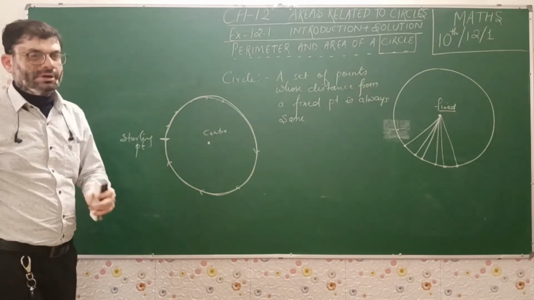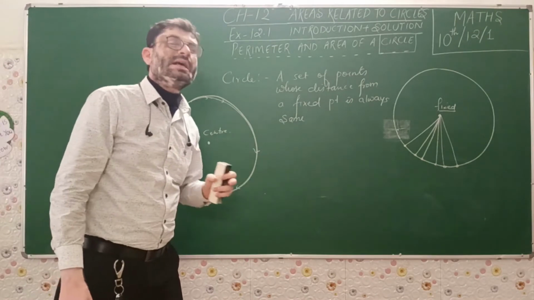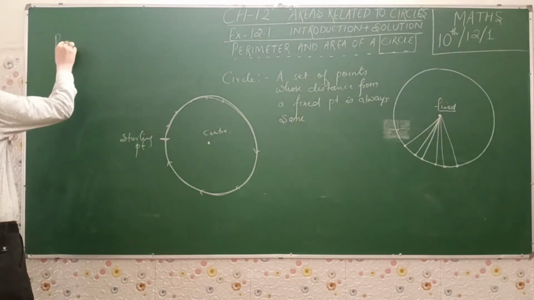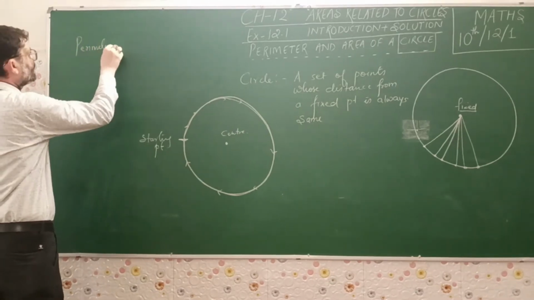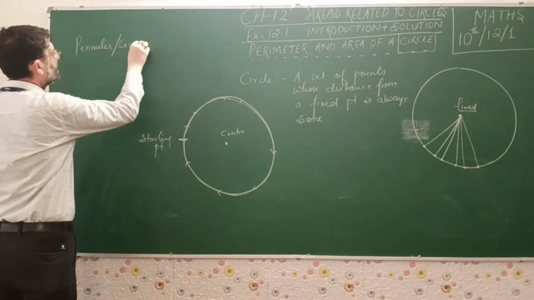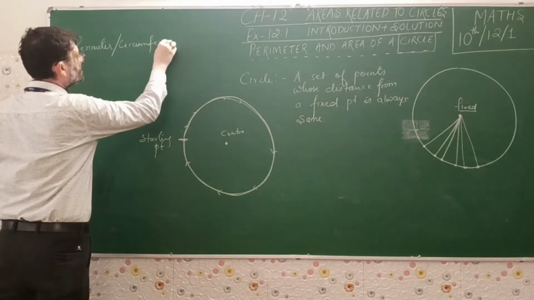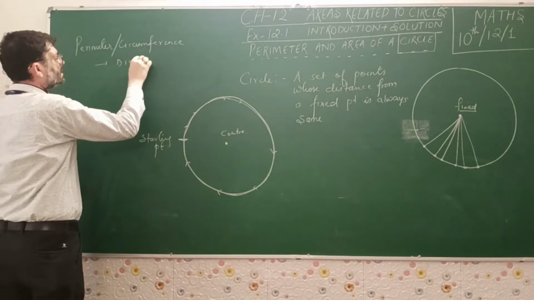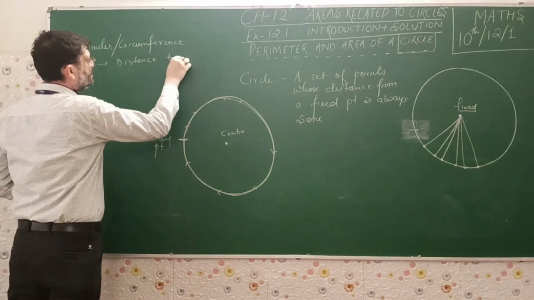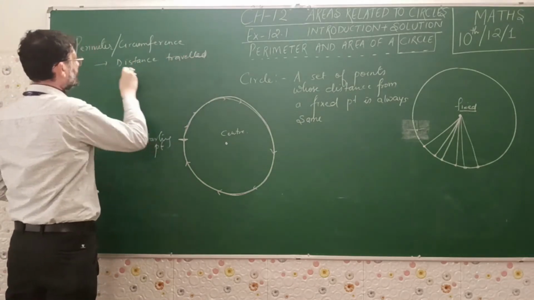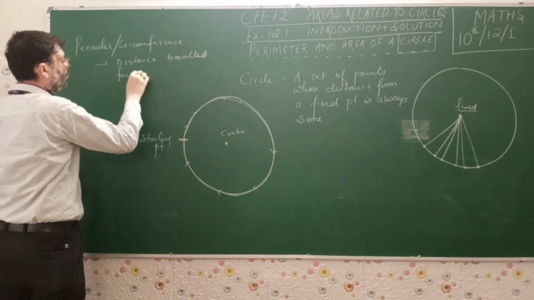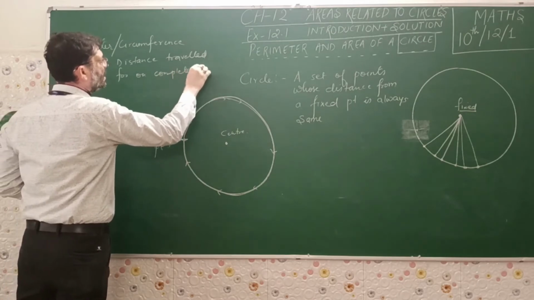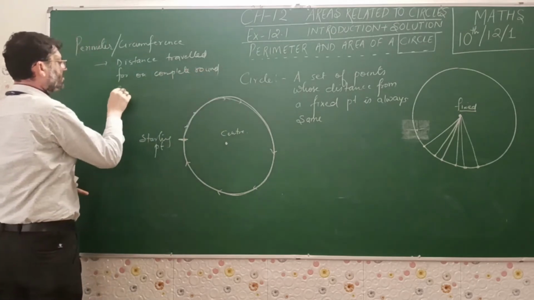A particular word defined for circles is circumference. So for circles we can say perimeter, or we can say circumference. That is the distance traveled for one complete round starting from a fixed point.